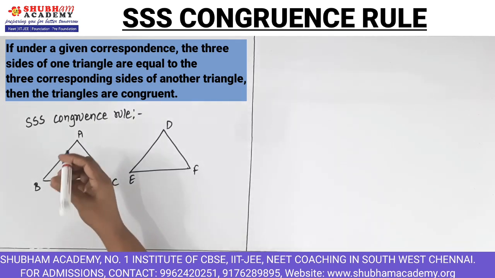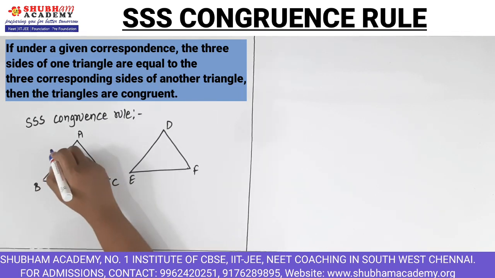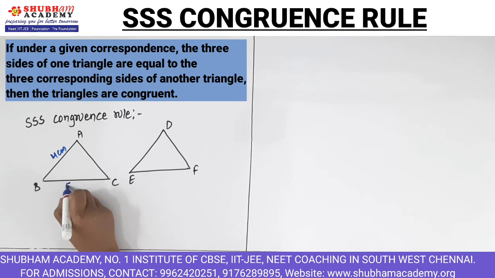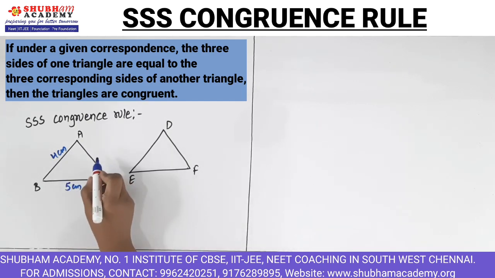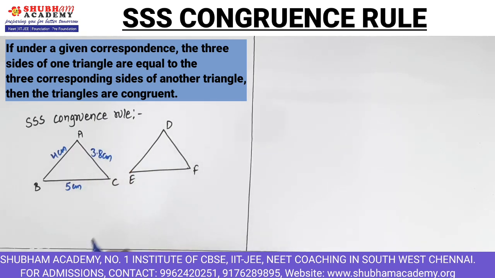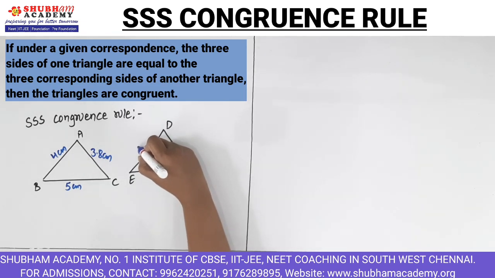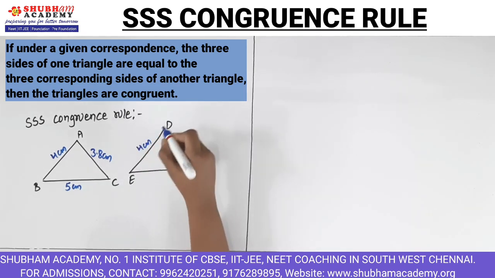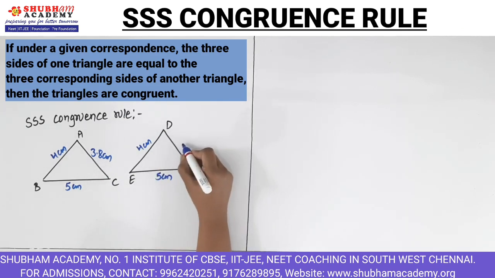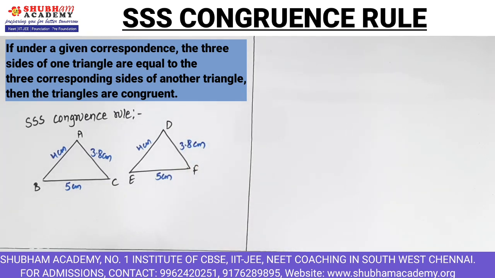Suppose the sides of triangle ABC are AB is 4 centimeter, BC is 5 centimeter and AC is 3.8 centimeter. If another triangle DEF also has the measurements DE 4 centimeter, EF 5 centimeter and DF 3.8 centimeter, then what can we say?